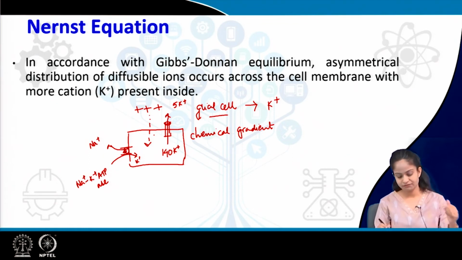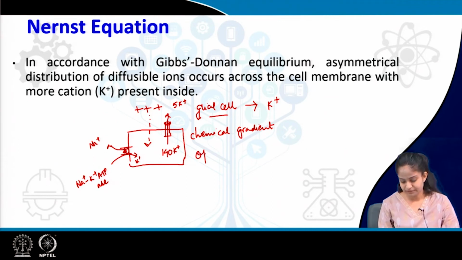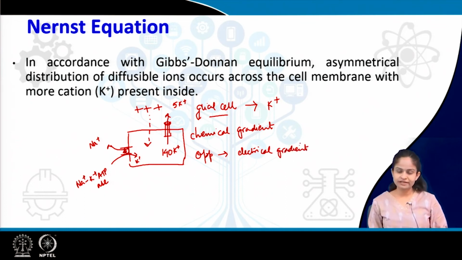So, this opposing force is nothing but the electrical gradient. The electrical gradient causes movement of ions from outside to inside, and the chemical gradient causes movement of ions from inside to outside. This will continue till an equilibrium is reached.